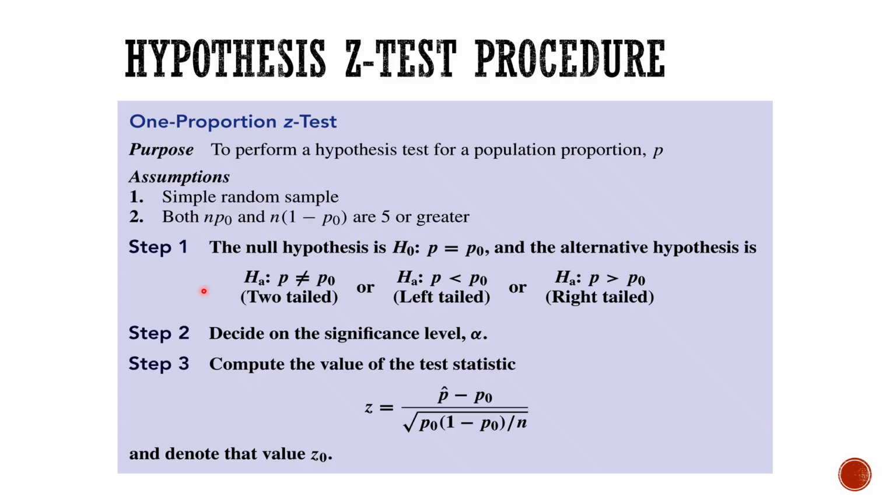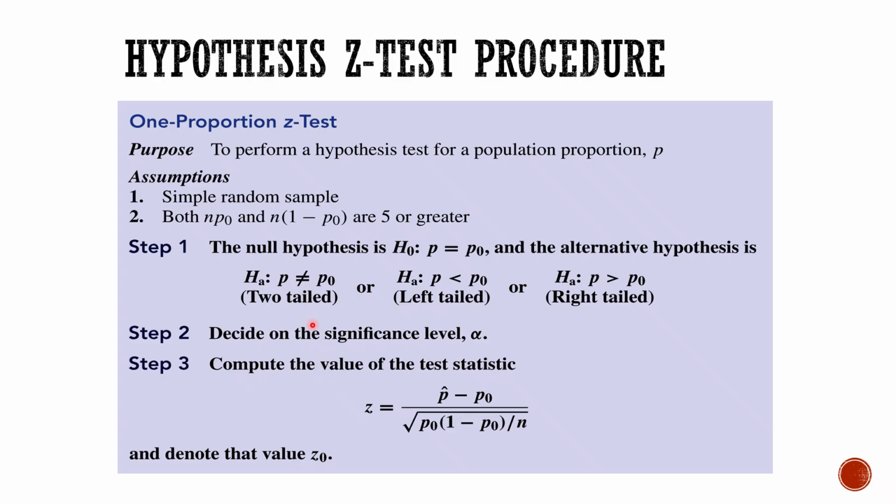There are 6 steps in all, starting from stating the hypothesis all the way to interpreting the results of the test. However, on this particular slide, we have just 3 steps, and then in the next one, we will talk about the remaining steps and the approaches we use for the study.